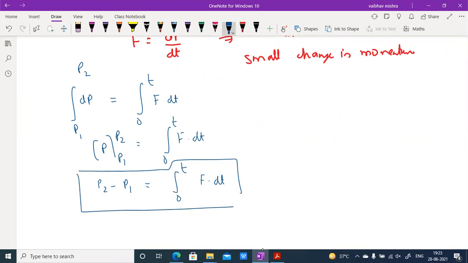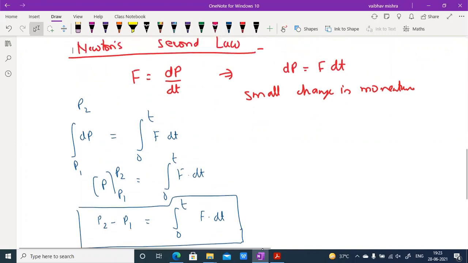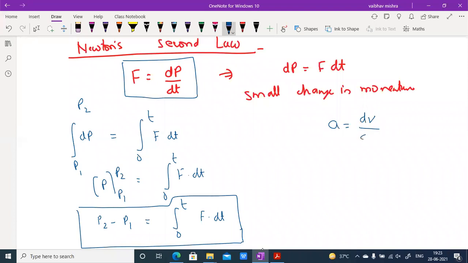In physics, it will not be given directly. You have to think, is it the rate of change of the other? The force is the rate of change of momentum. So to calculate momentum, we need integration. Acceleration is the rate of change of velocity. If we have to calculate velocity, then we have to integrate acceleration. Velocity is the rate of change of displacement.